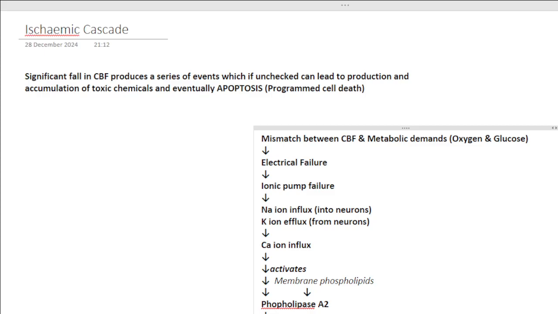Now, phospholipase A2 gives arachidonic acid. Okay, now here the actual story of damaging starts. This gives two different enzymes. I'll discuss one by one. One is cyclooxygenase.